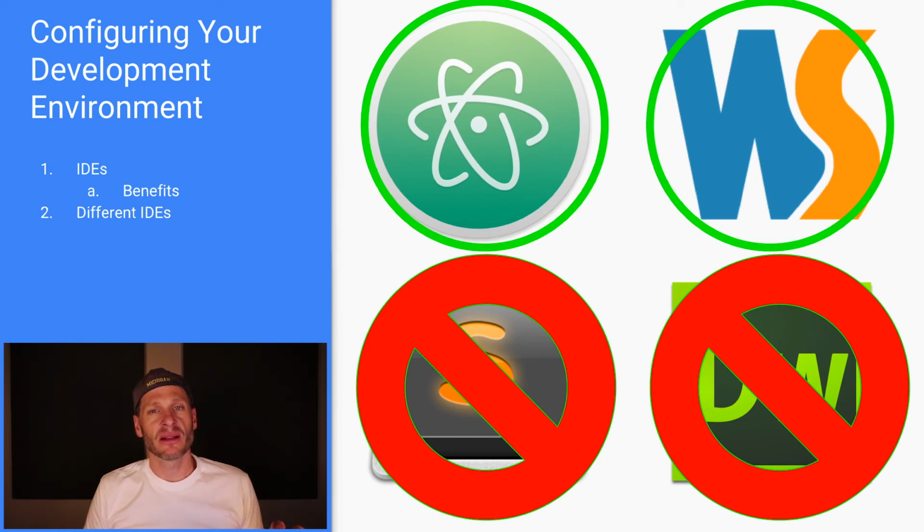Atom is the new kid on the block. Okay, WebStorm is built by JetBrains, who also builds IntelliJ, which is what Android Studio is built upon. And since at the college I teach at, we also teach web programming and Android Studio, we like our students to know JetBrains products, whether it's WebStorm, IntelliJ for Java, or Android Studio for doing Android apps.